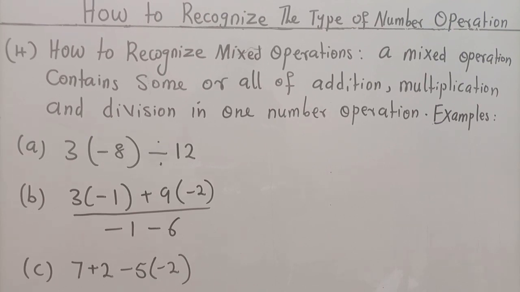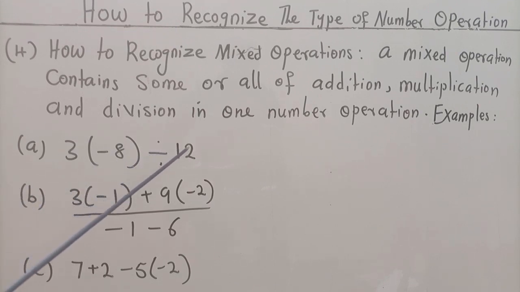Look at this first example, 3 bracket minus 8 divided by 12. What is required here is not pure multiplication. What is required here is not pure division. What is required here is not even addition. Instead, 2 things are required. 3 and minus 8 are to be multiplied, which means that this side of this expression is multiplication.